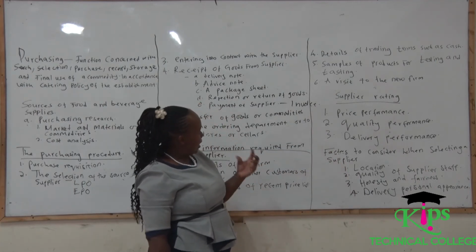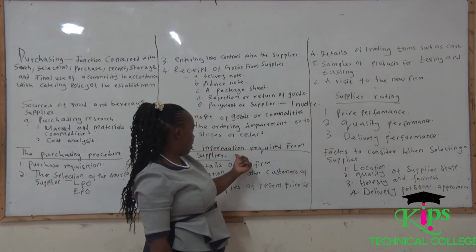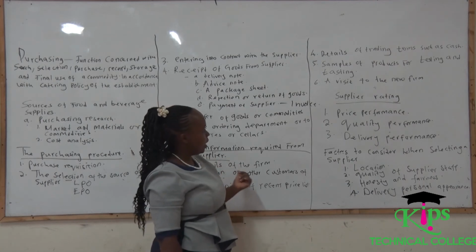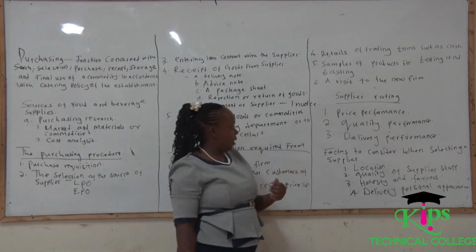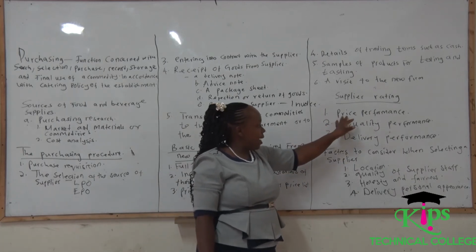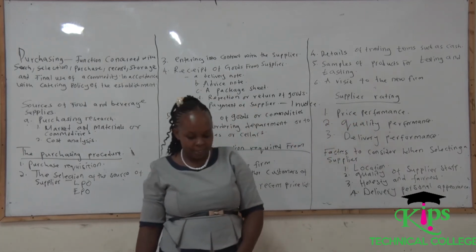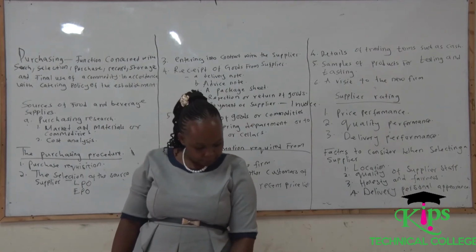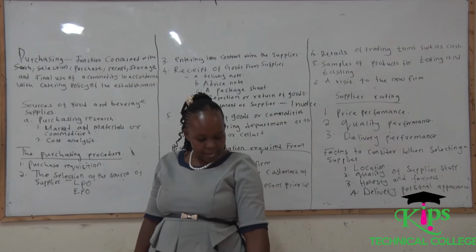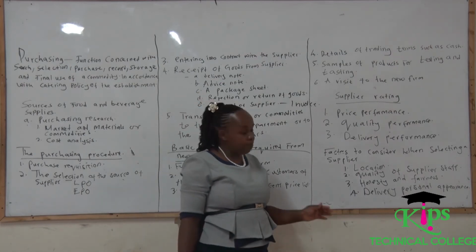Now, having looked at the basic information required from a new supplier, we look at the supplier rating. How do you rate a supplier? You rate on price performance. When we look at price performance, we said that the cheapest item is not necessarily the best to buy.